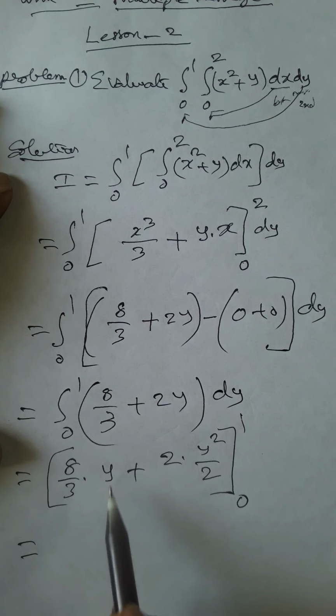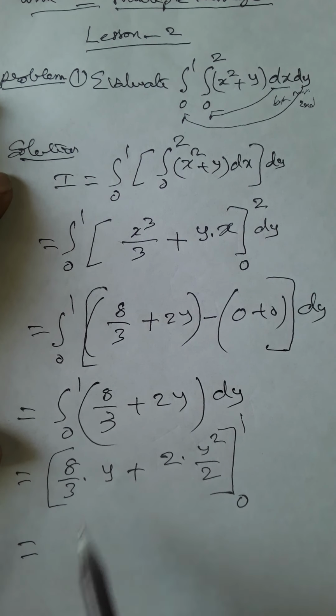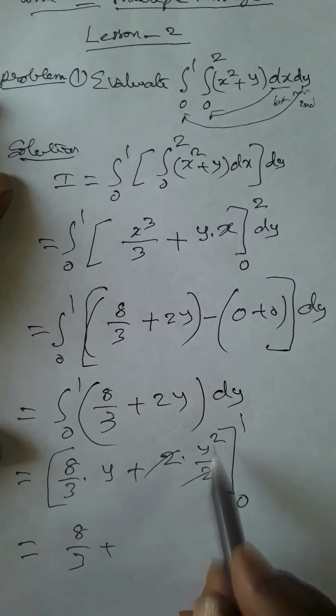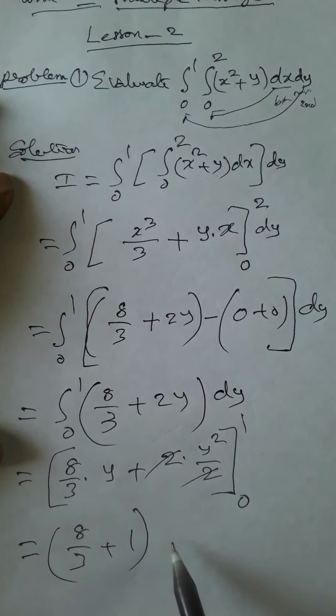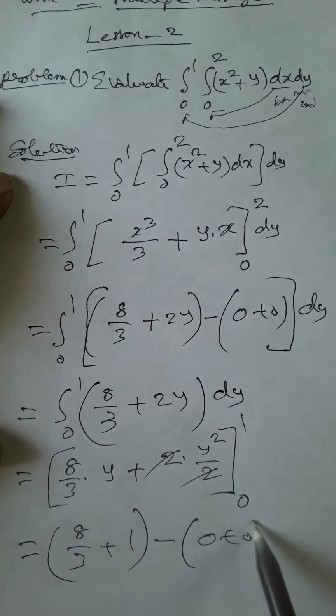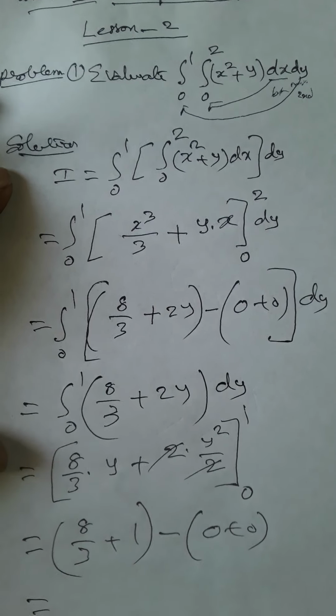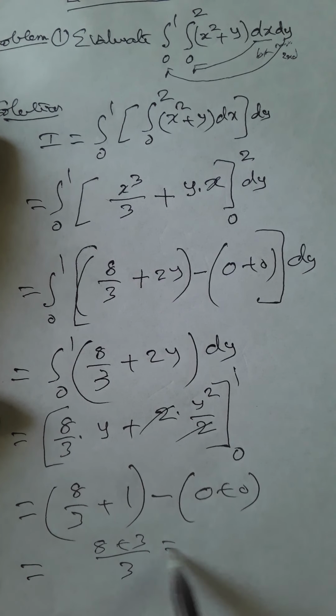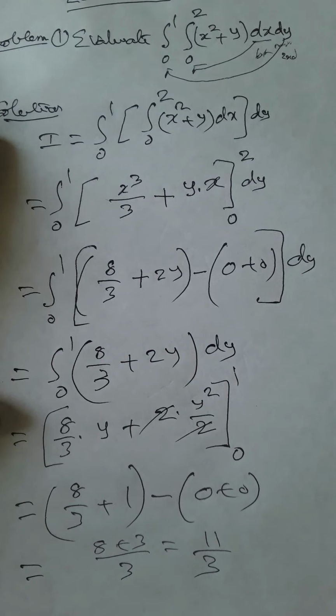So for the upper limit, instead of y you write 1 here. 8 by 3 plus 2 cancel, 1 square 1. This is the upper limit minus the lower limit. Instead of y you write 0, 0, 0. So 8 by 3 plus 1, 8 plus 3 by 3, 11 by 3.